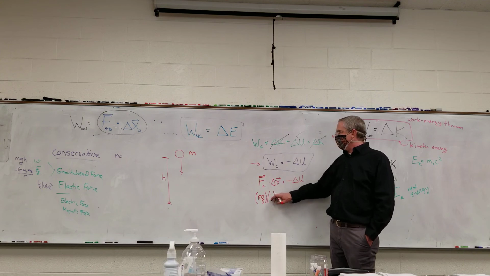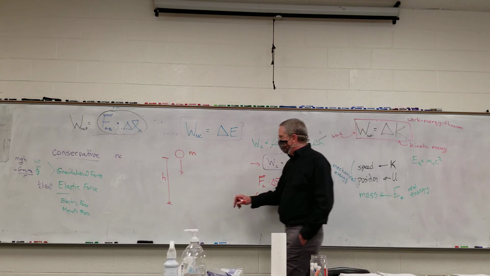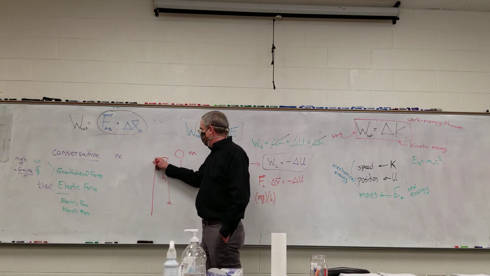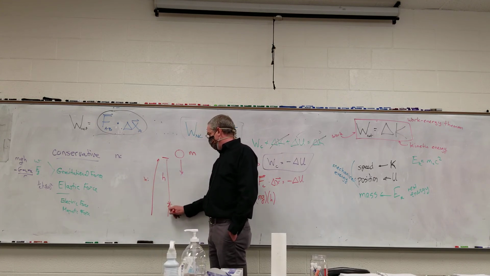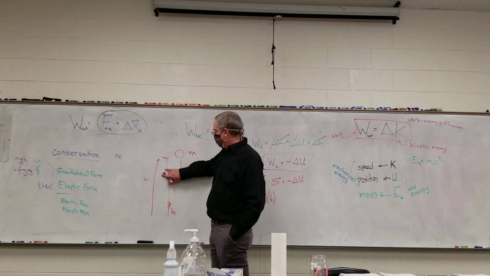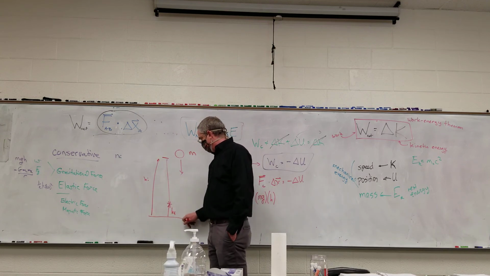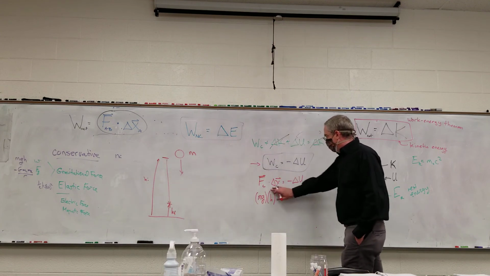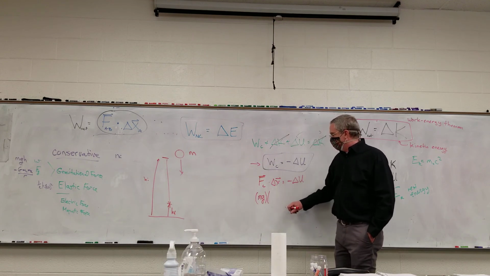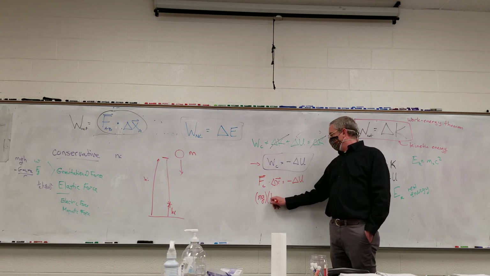Actually, I need to change that slightly. This is some initial height, and this is some final height. Get rid of that h there. So it goes from some initial height to some final height. And so this is going to be h initial minus h final.